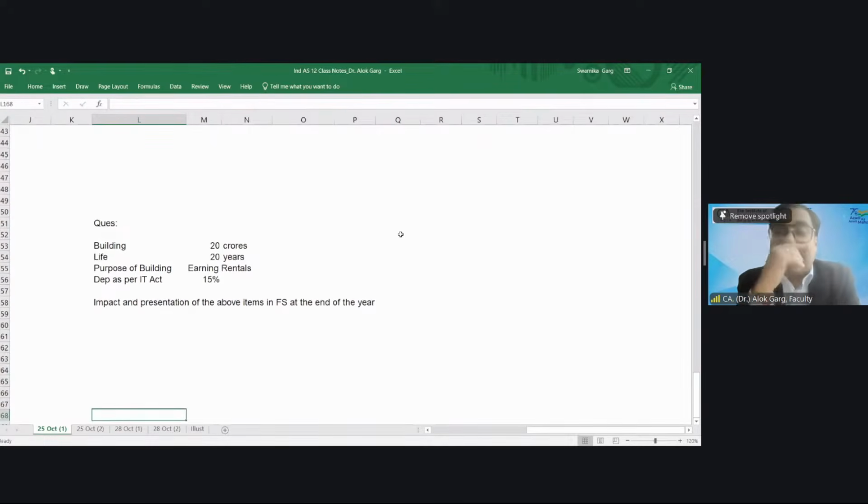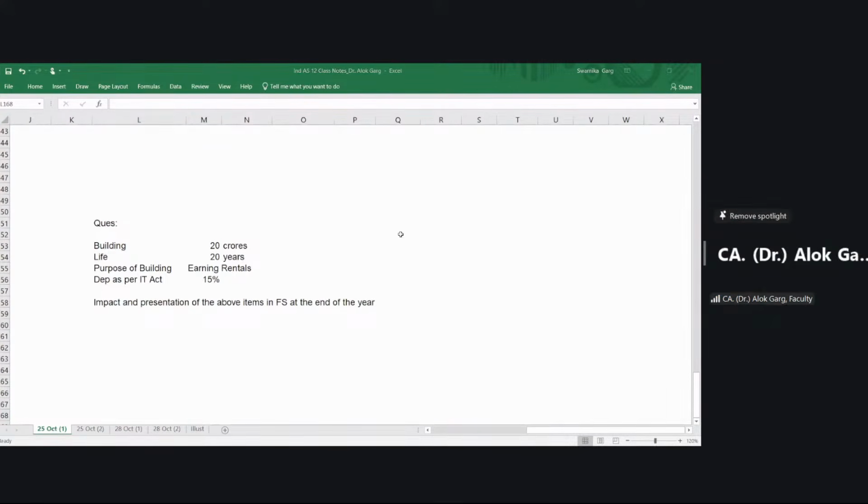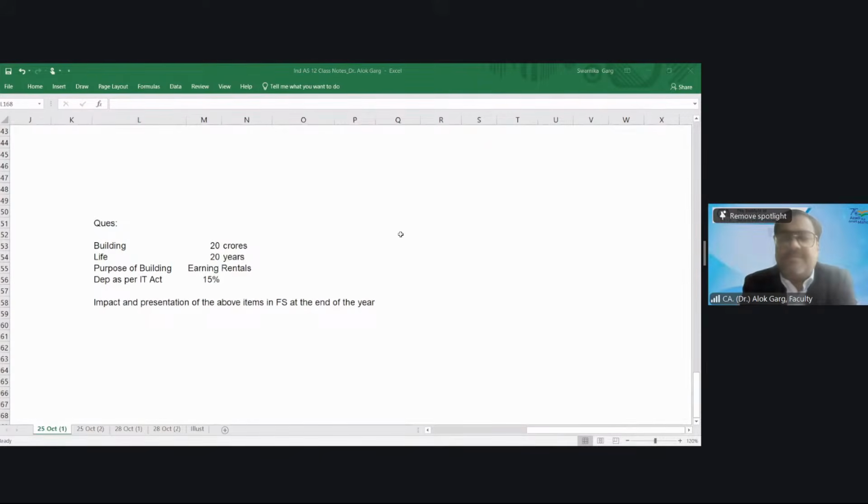What should I do here? How should I approach this question? It is a very simple, very small question, and this question is part of a case study.